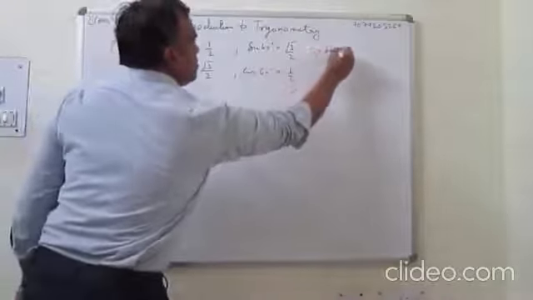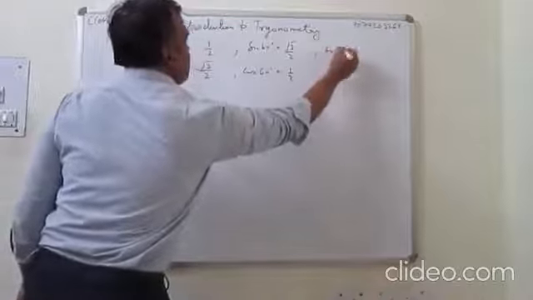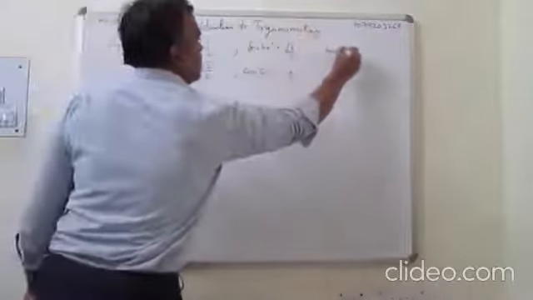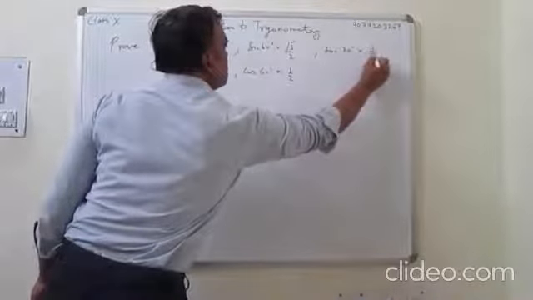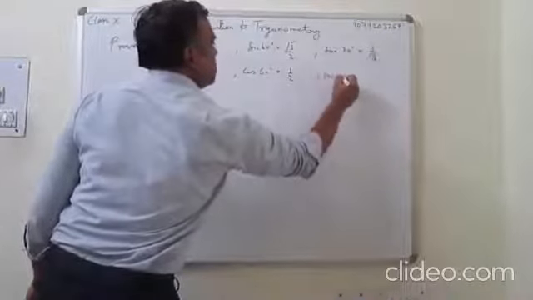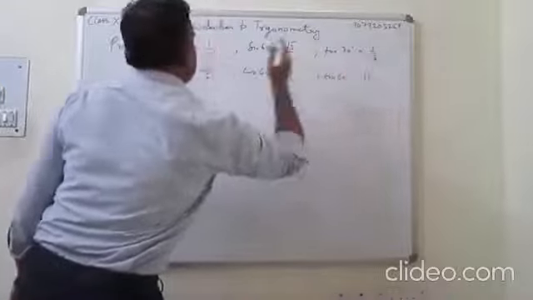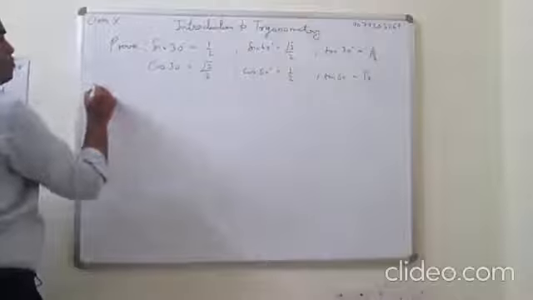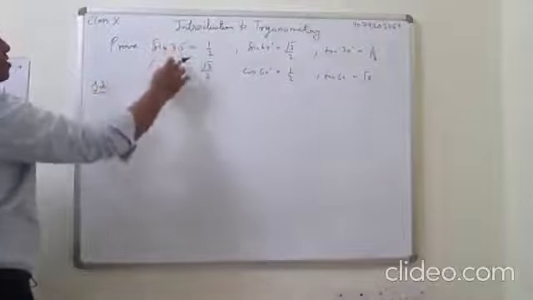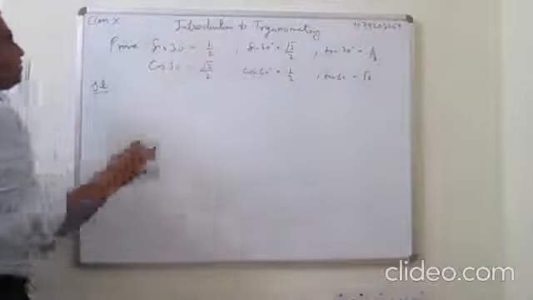Tan 30, prove 1 by root 3, and tan 60 you have to prove root 3. Now the solution: prove the trigonometric ratios of 30 and 60.